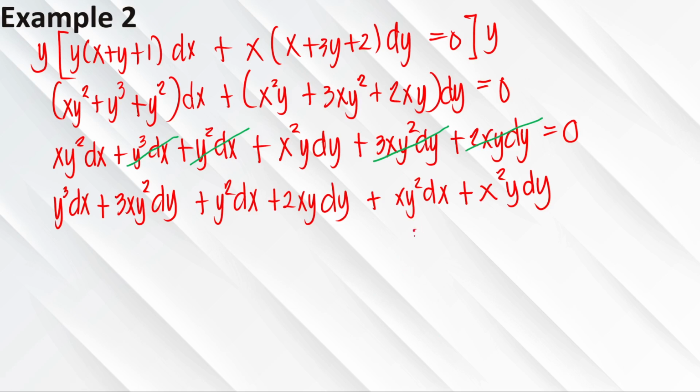Bakit? Kasi if you let y squared be yung u, ang du natin is dapat 2y dy. Pero kulang tayo ng 2 dito, y dy lang siya. And the same way, kapag inilet natin yung x squared as v, kailangan natin ng 2x dx, which is wala din siyang 2 dito. So, kailangan nating mag-multiply ng 2.